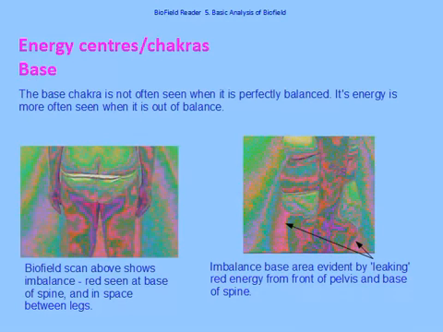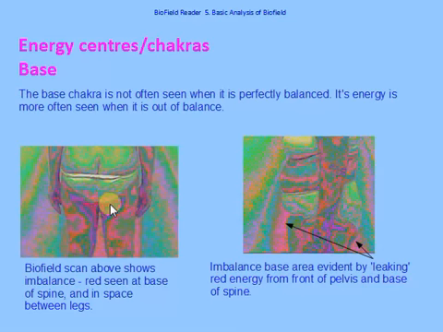The base chakra or energy centre is not often seen when it's perfectly balanced. That may well be because of its position at the base of the spine. When it's more balanced, you'll be seeing green in that area, the lower back, and maybe over the front of the pelvis. Its energy is more often seen when it's out of balance. So this is a lady who had problems in the pelvic region, and we can see we've got red jagged lines flowing horizontally across the base of the spine area.